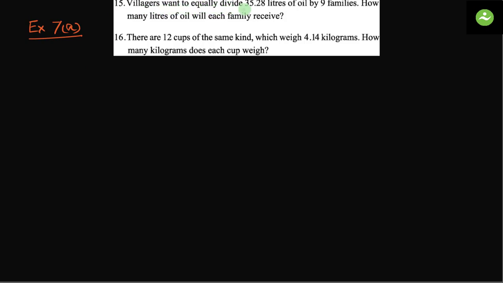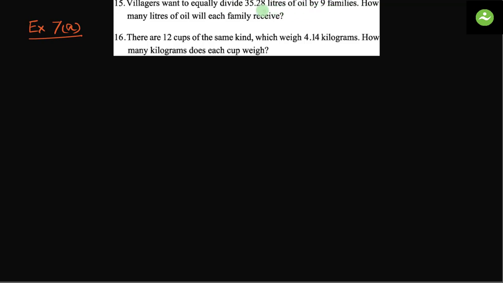Villagers want to equally divide 35.28 liters of oil among 9 families. How many liters of oil will each family receive? So there are 35.28 liters and we have to distribute or divide straightaway. They have said divide these amongst 9 families.